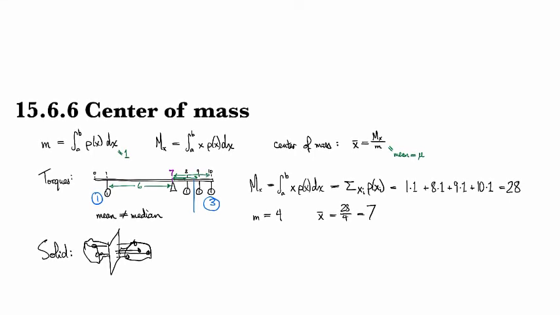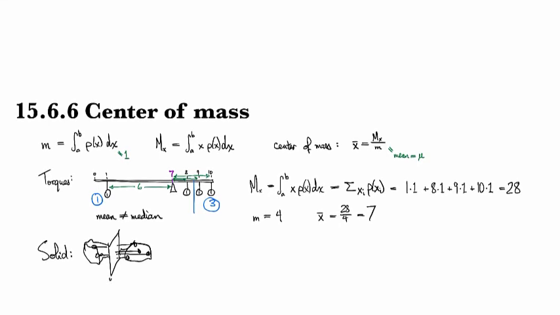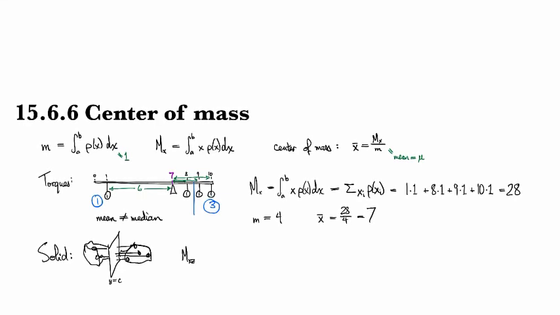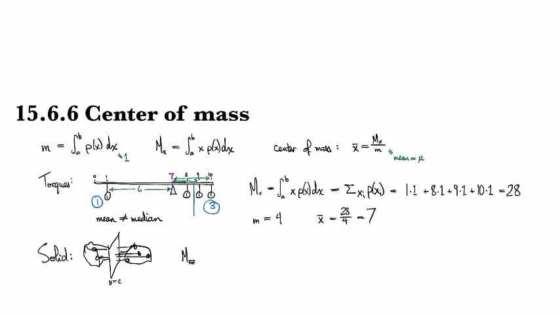Sorry about that. Okay, so the way that we denote this is that if this is the plane y equals some constant, then we're going to be looking at the Mxz moment to figure out what y coordinate to put that at.